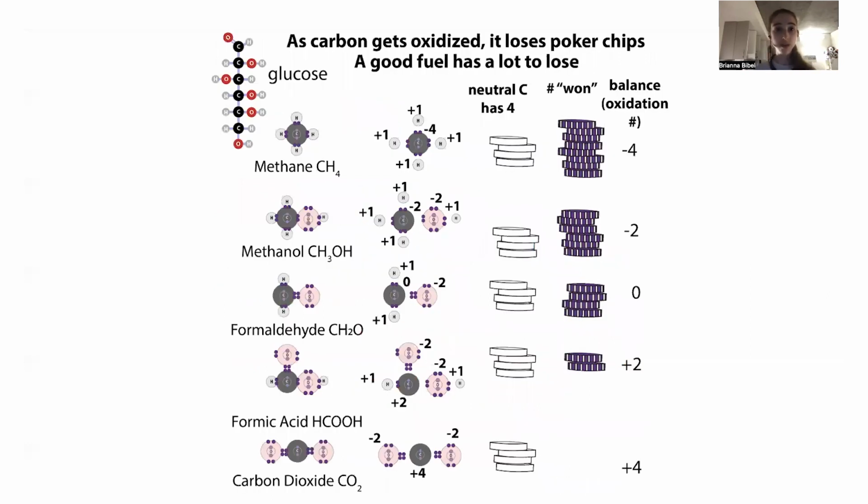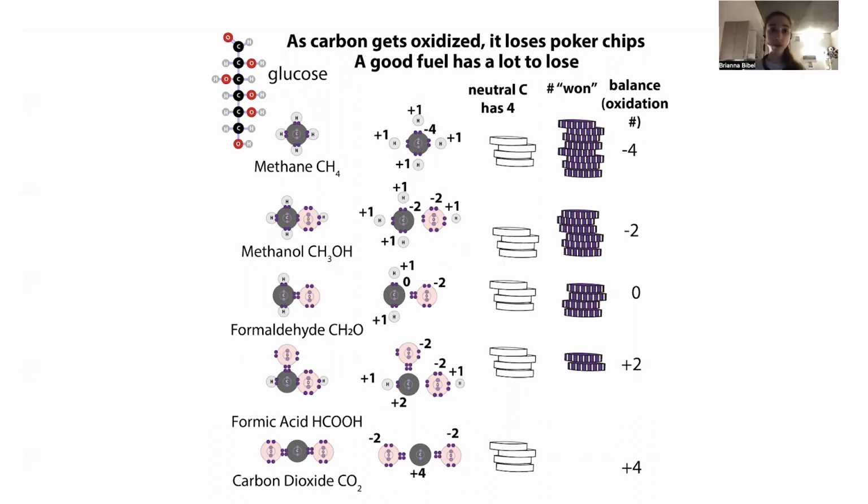Okay, so often in metabolism, we're dealing with oxidation and reduction reactions. As carbon gets oxidized, you can think of a molecule that's a good fuel as coming with a lot of poker chips. Often catabolism, the breaking down of molecules, involves oxidizing those molecules.